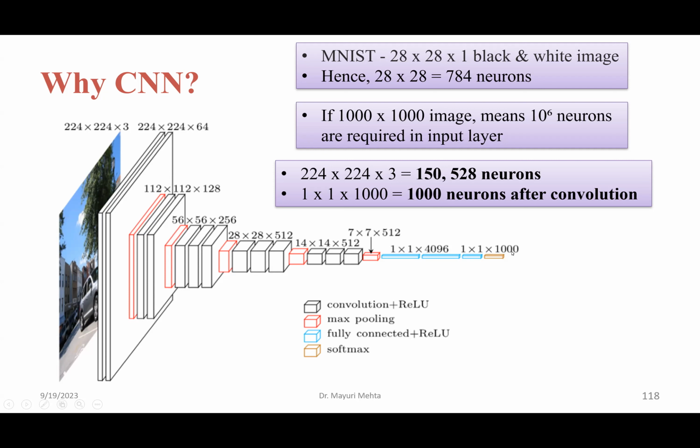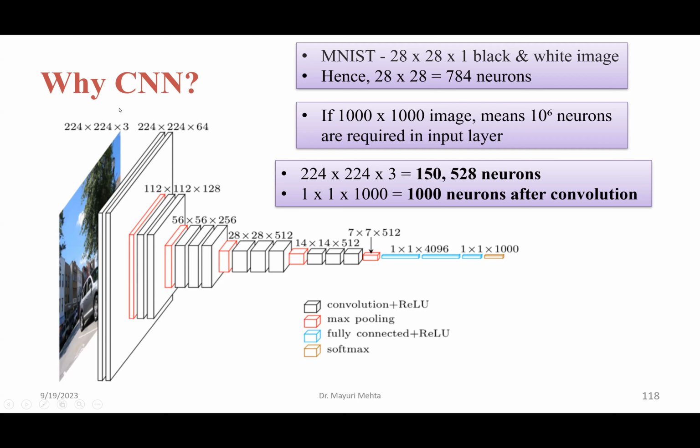It means you only need 1000 neurons in the first layer of the feed forward neural network instead of 1,50,528 neurons, because the dimension of the input image is reduced by the convolutional neural network. So what is the main job of a convolutional neural network? Its main job is to reduce the dimension of the image.